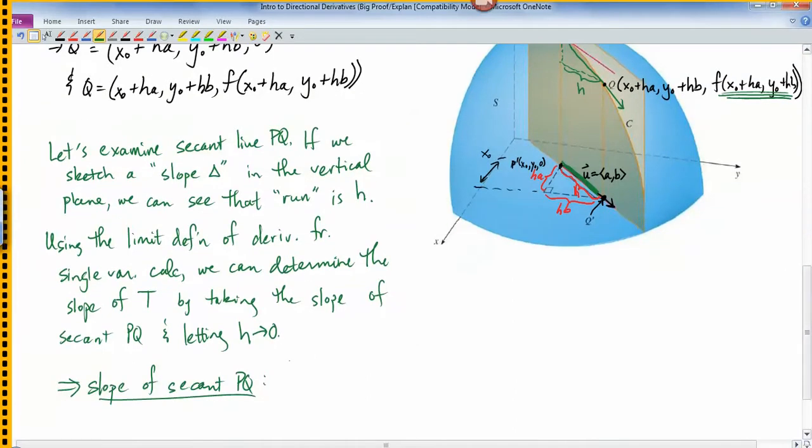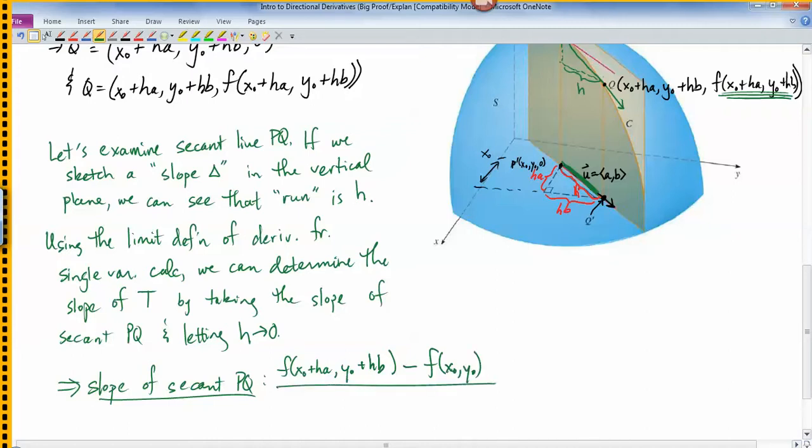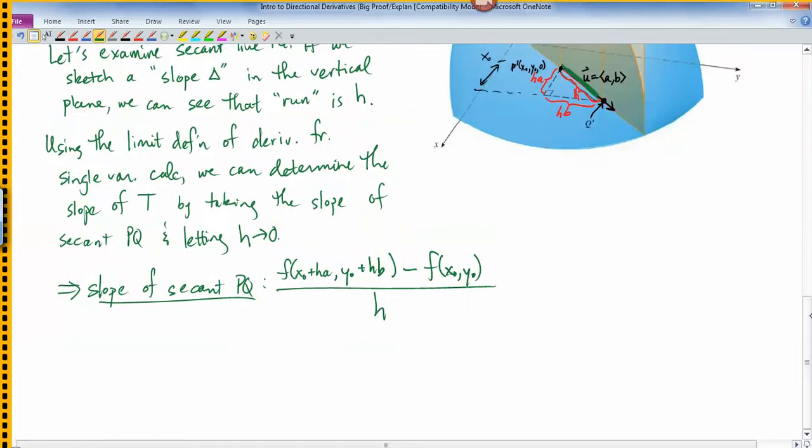So it's going to be f of (x naught plus HA, y naught plus HB) minus f of (x naught, y naught), the change in z values divided by the run, which is h. So that's the slope of the secant. And then the slope of the tangent is just when you let h go to 0.